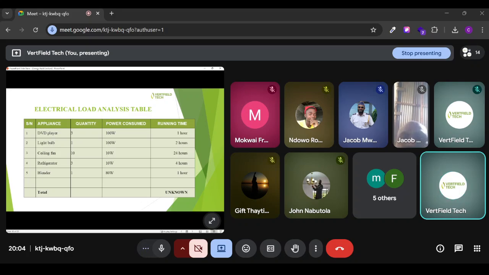So we are now going to run a load analysis on these appliances, just as you all know and are aware.